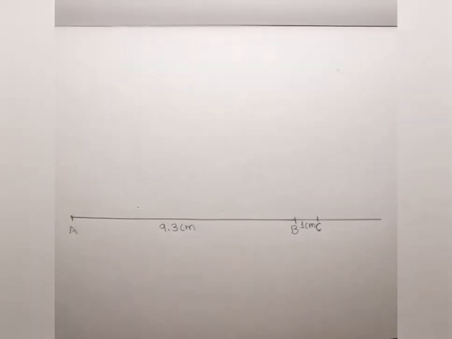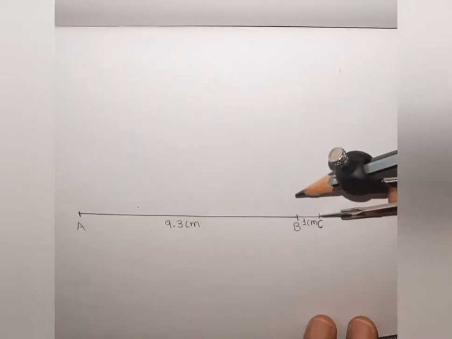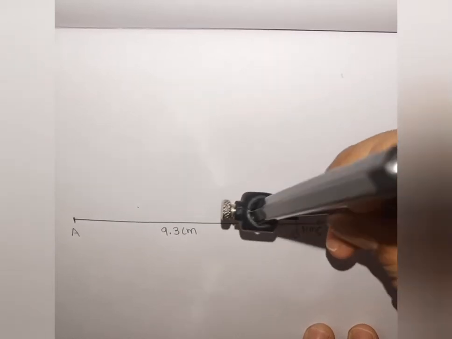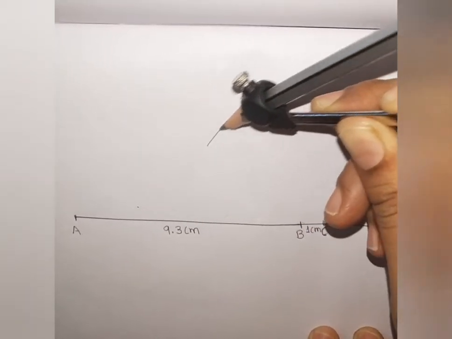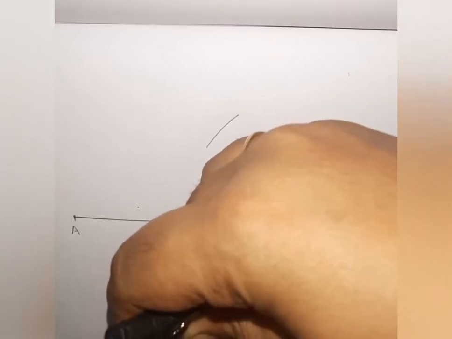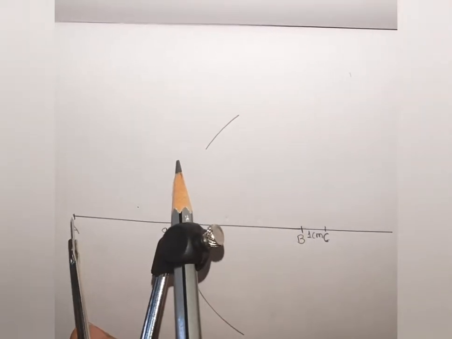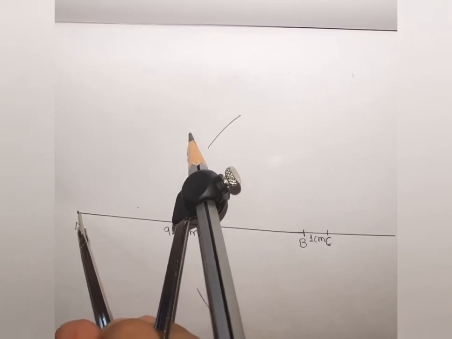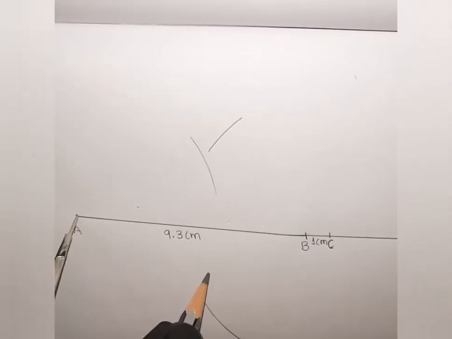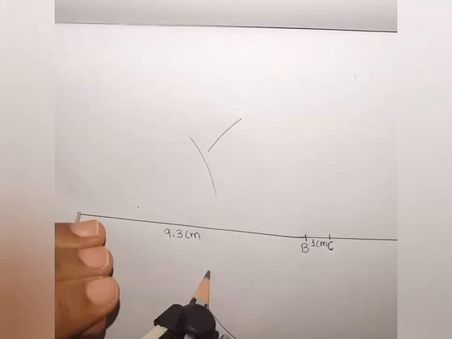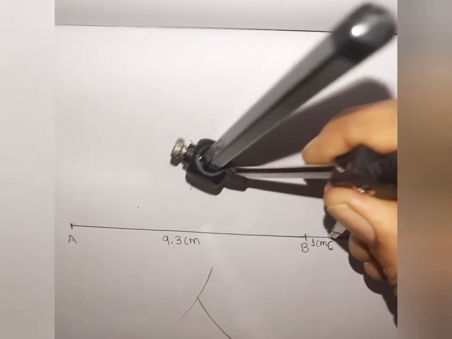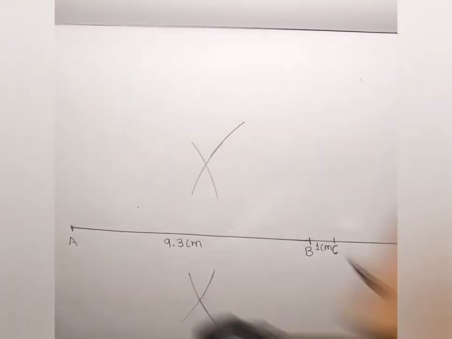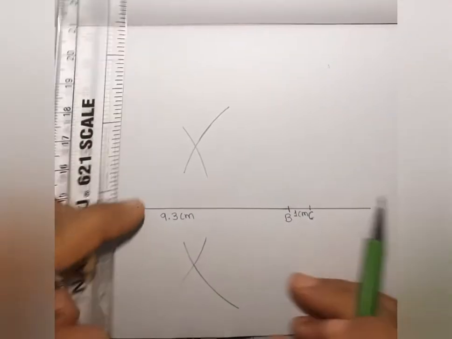Next is marking the midpoint of AC. Keep the pointer at C. Take more than half distance and draw arcs to both sides of your AC line from A point and C point. If your arcs are not intersecting, then extend your previous arcs such that they intersect each other.